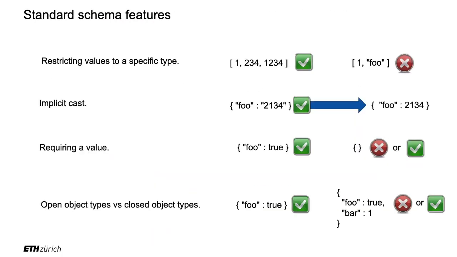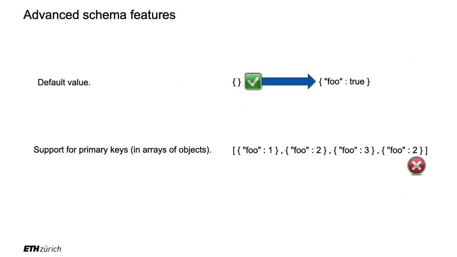Okay. So you can see in a schema language, we can have a lot of features. We can restrict values to have a specific type. I showed you how. We can implicitly cast. So if I have a string that turns out to be digits, I can cast it to an integer. I can require a value to be present. I can allow for extra keys or not allow for extra keys. I can also have default values.